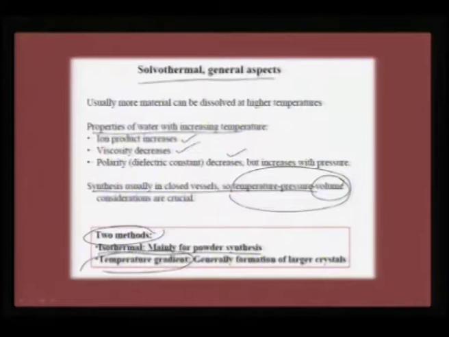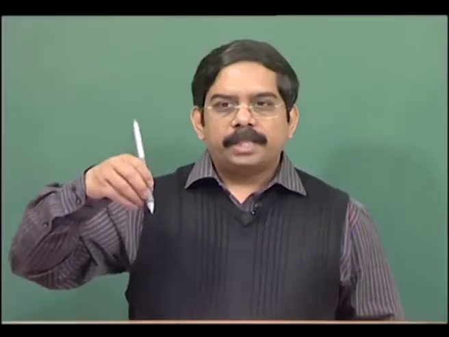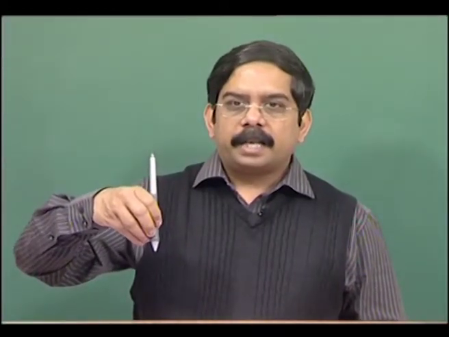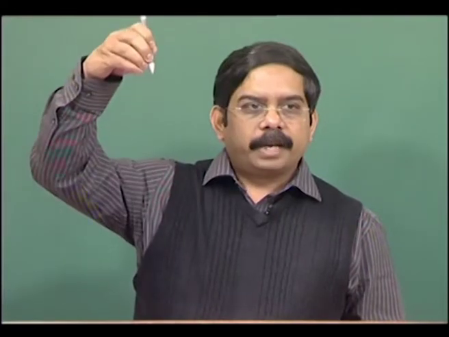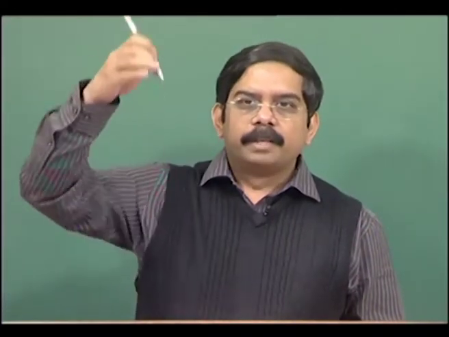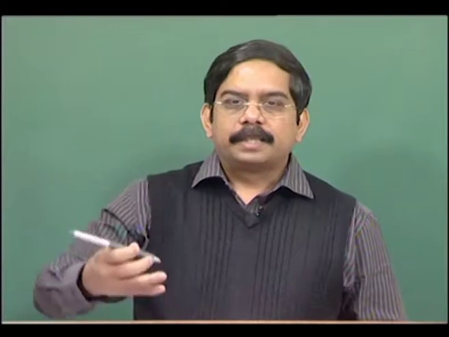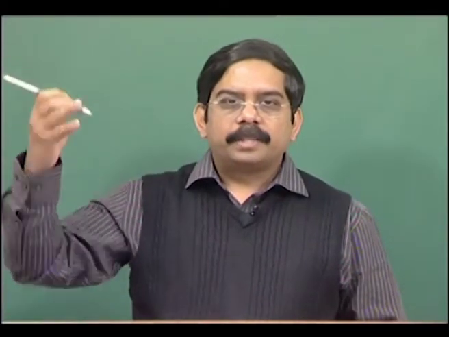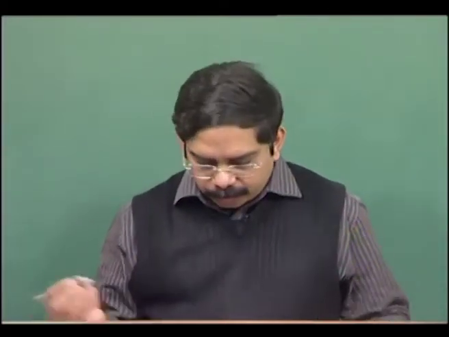And then you also have temperature gradient experiments. Usually if you want to grow a crystal, you try to seed a crystal and then provide a slight temperature gradient. As you pull it over a period of time, these crystals will start growing on the seed crystals and you get huge crystals. We will see some examples later.